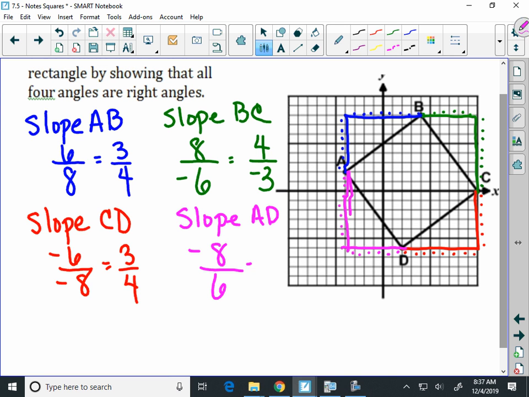When we simplify that, we get negative 4/3. And again, opposite reciprocals. The fraction flips, and one of them changes signs. One of them is positive, the other one is negative. And that shows that we have 4 right angles in here. Again, this is all of the process that we have to do to show that something's a square.